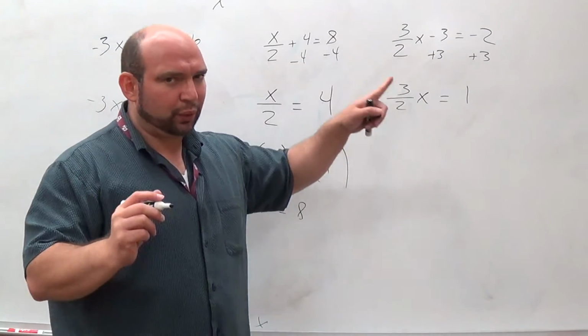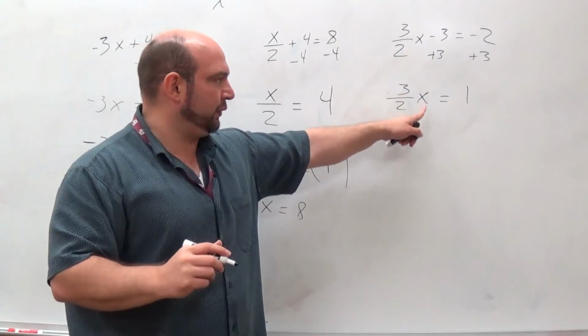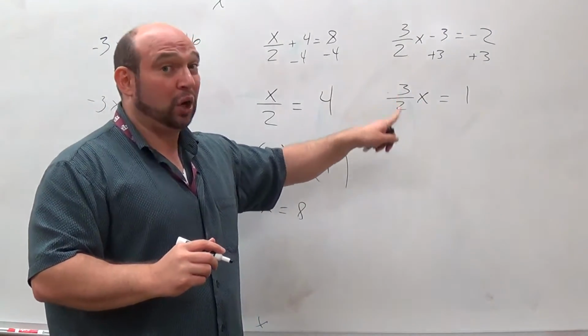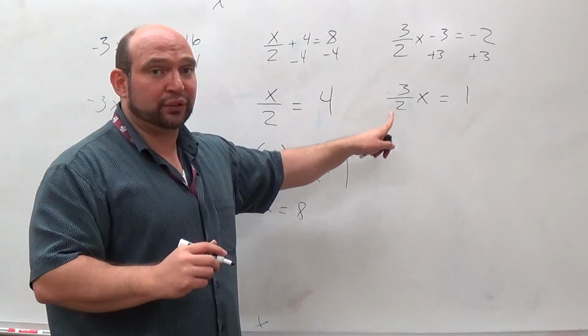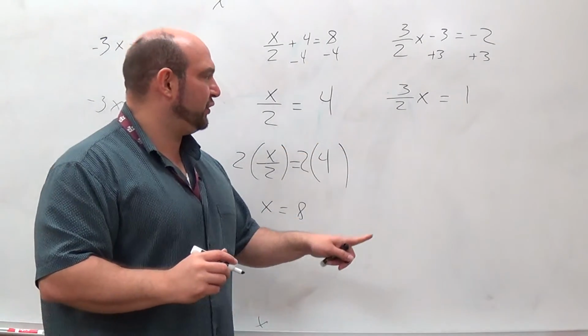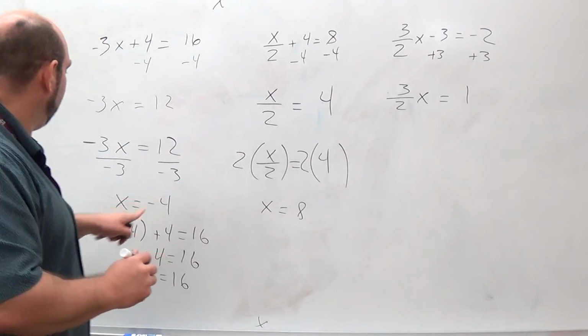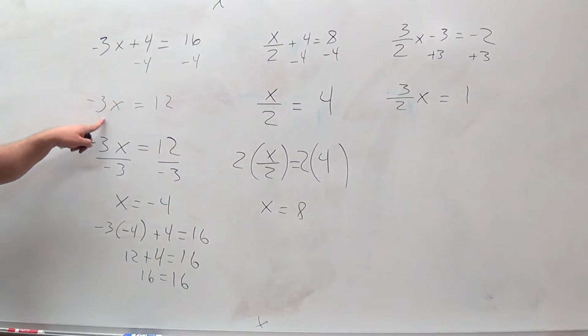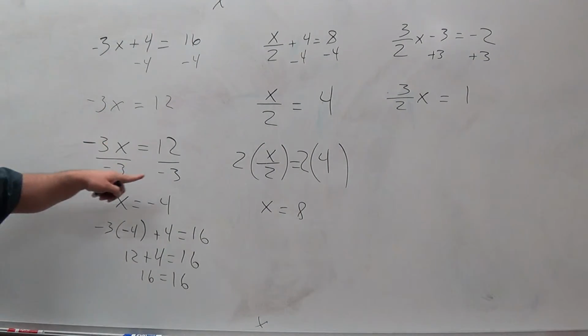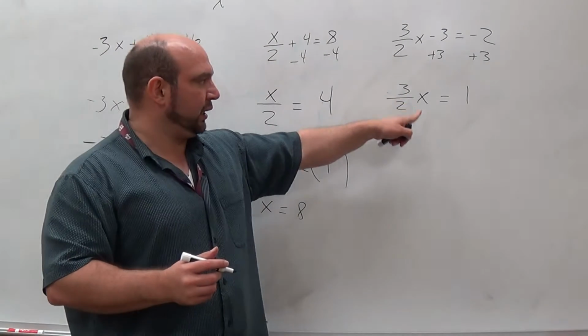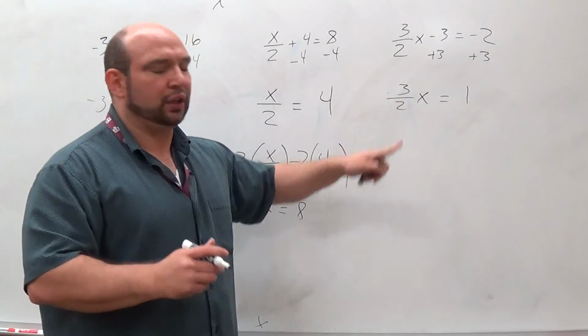So essentially what I'm really doing is I'm multiplying the x by 3, but I'm also having to divide the x by 2. So like here, when I multiply by 2, I can do that. And like here, well, in this case it's a negative 3, but we're dividing by a 3 here, just like this, with the exception of the sign, of course.